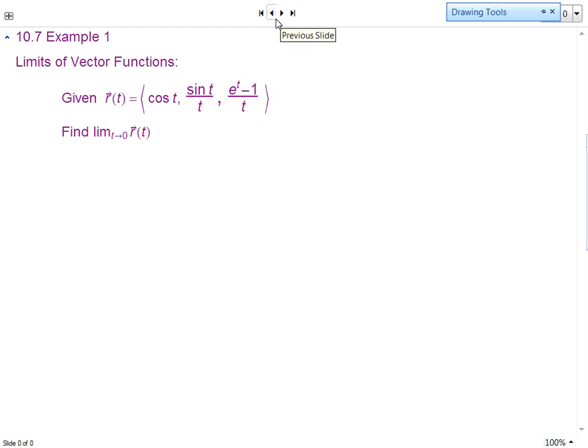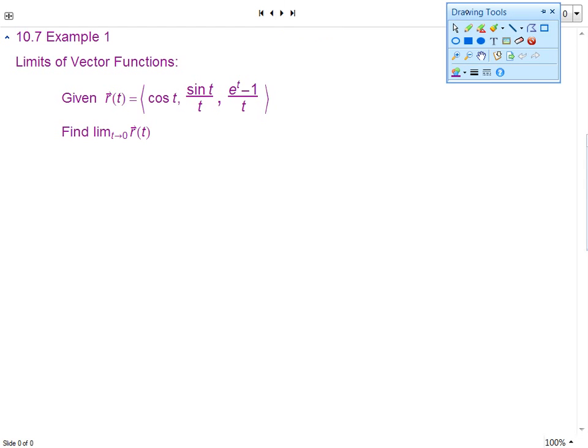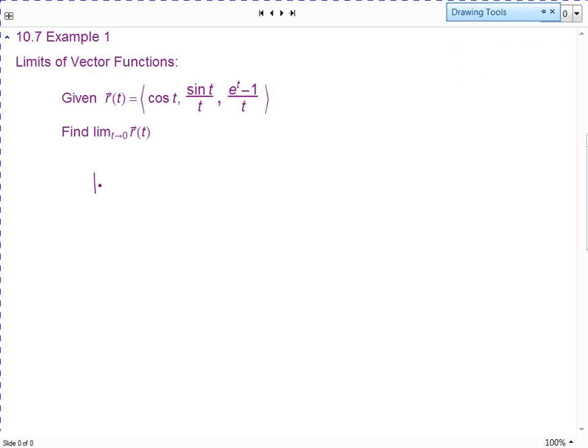This will kind of lead us in. This will probably be the last thing I can do today. I would like to know, given this vector function, what the limit as t approaches 0 of r of t is. So according to what I just said, this limit as t approaches 0 of r of t will be equal to the limit as t approaches 0 of cosine t.